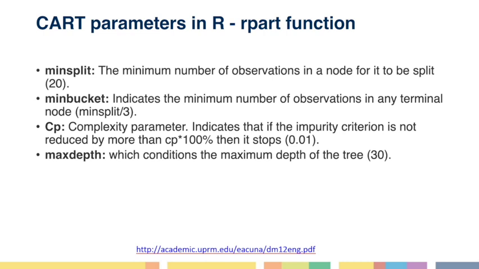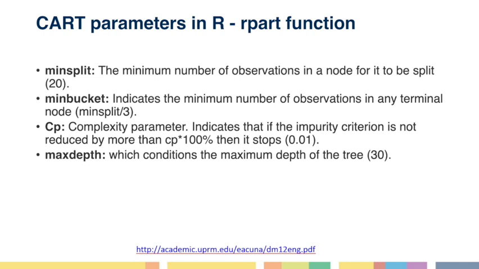So what this tells us is that in the construction of the tree, the function will verify that in the node that's being created, there should be more than 20 observations before continuing generating new ramifications. So one of the first criteria that are taken into account is this.